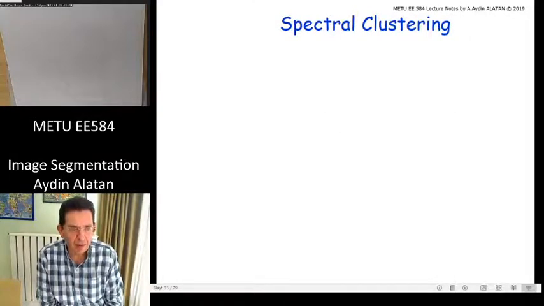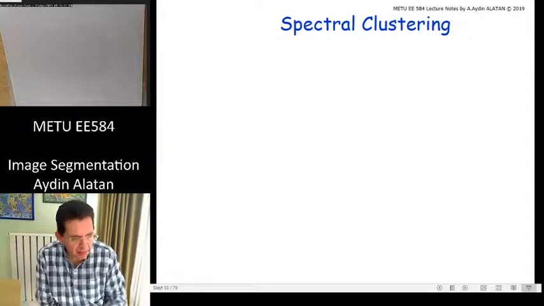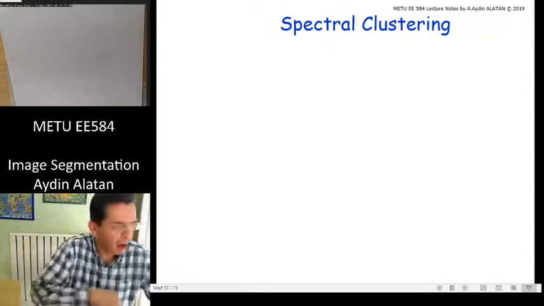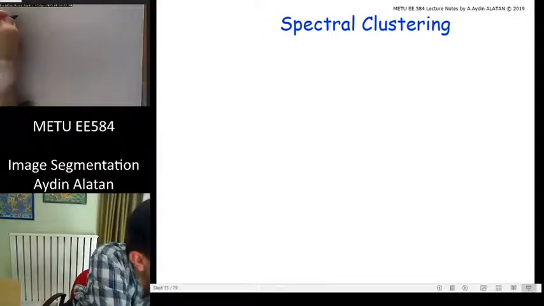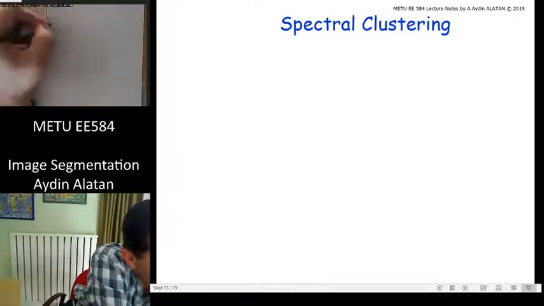It was an algorithm where we were defining a function, a matrix called the normalized graph Laplacian. Okay, let's remember how it was. This L matrix is defined as D minus W, and the D matrix is nothing but the sum of the affinities in the diagonals, okay?